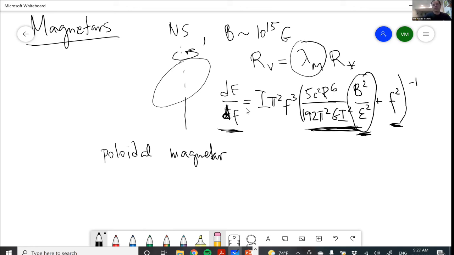This gives you a relationship between the parameter epsilon and the magnetic field, and basically it looks like this.